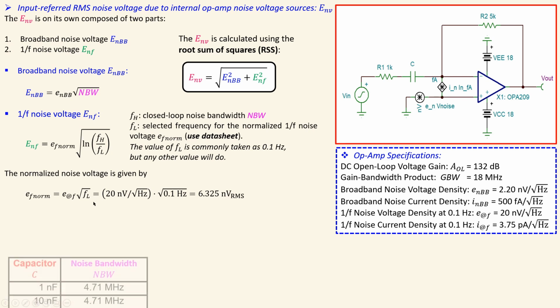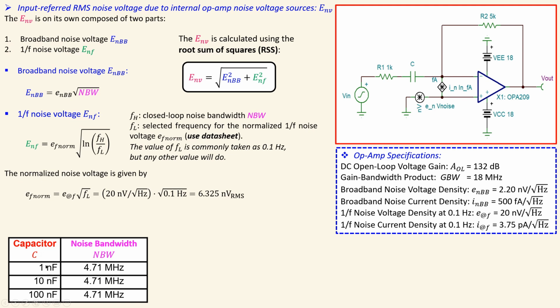Now we know the capacitor value will generate, of course, some noise bandwidth, but since it is on the left side of the Bode diagram, we won't see much of an effect of that. So we have a noise bandwidth of 4.71 megahertz, but it is exactly the same for each case of the capacitor, because this capacitor will create with that resistor R1 a high pass filter pole.